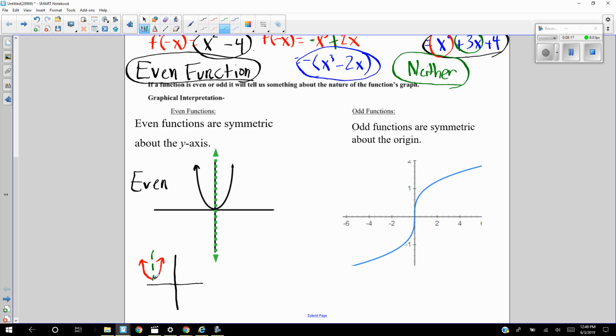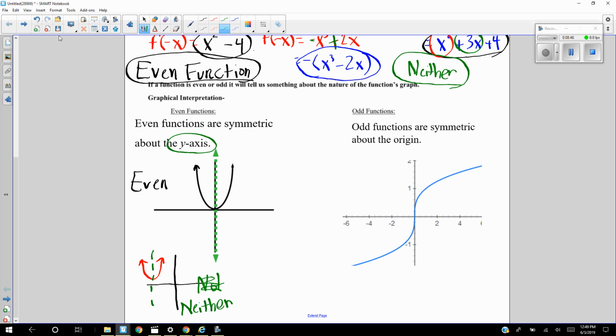Pardon my handwriting here. It would be symmetric about that line, but that's not the y-axis. So this function is, I'm just going to say neither, because it's not odd either. So it's got to be symmetric across the y-axis for it to be even. And that should make sense because we saw y equals x squared. That's what this graph is. Originally it was even using the algebraic approach.